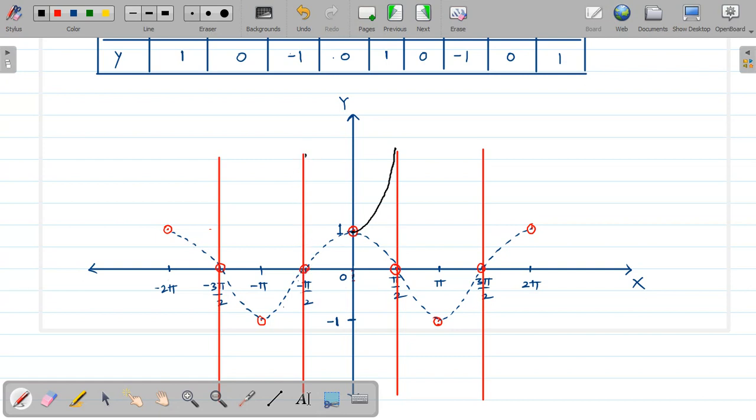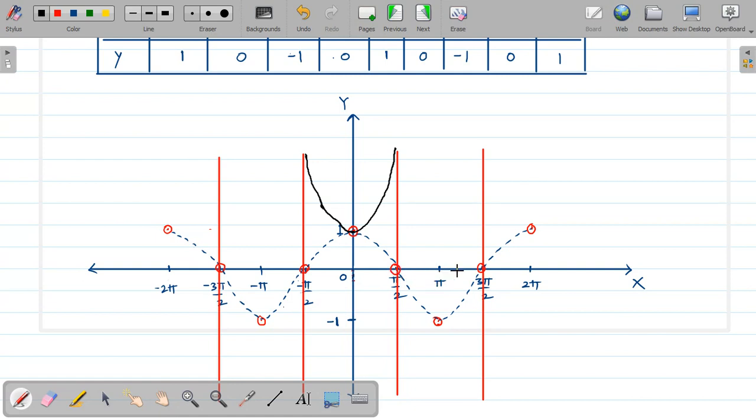So we have to show like this, and sec x is decreasing from this point, from minus pi by 2 to 0. So we have to show that at the point 0 the value of sec function is 1. So it is decreasing like this. See, from minus pi by 2 to 0 sec function is decreasing. So we get this one as a graph of sec function between minus pi by 2 to pi by 2.